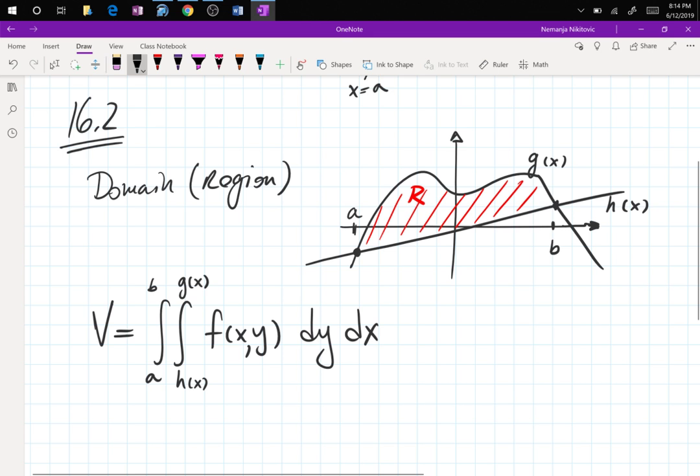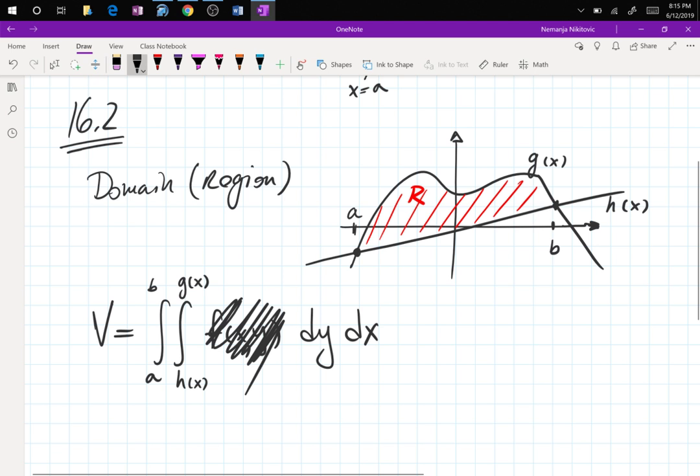What do you get if you remove f of x, y? What area do you get? It's a specific area you learned before. Area between two curves. Yes, area between two curves.